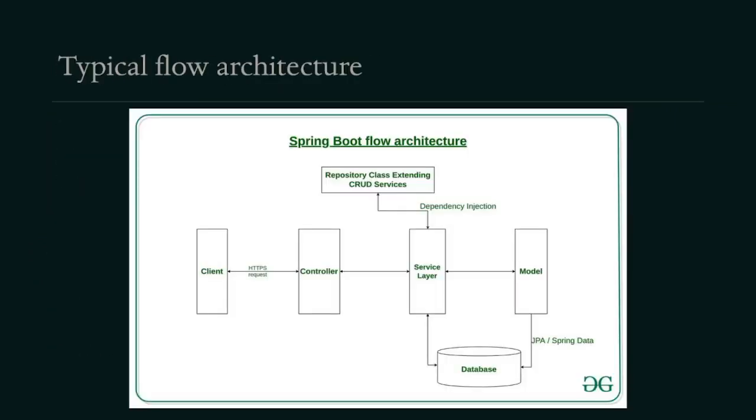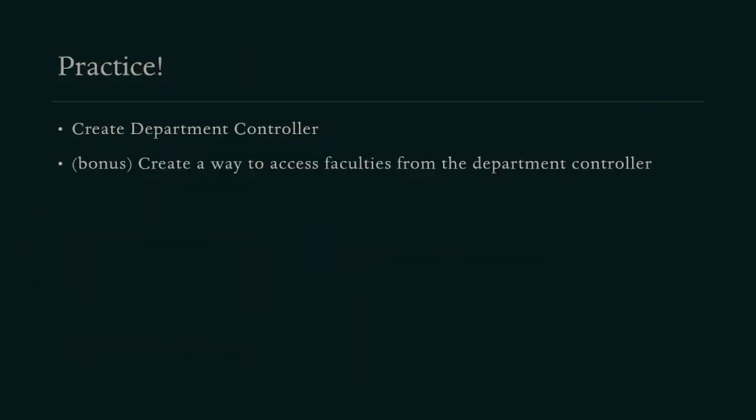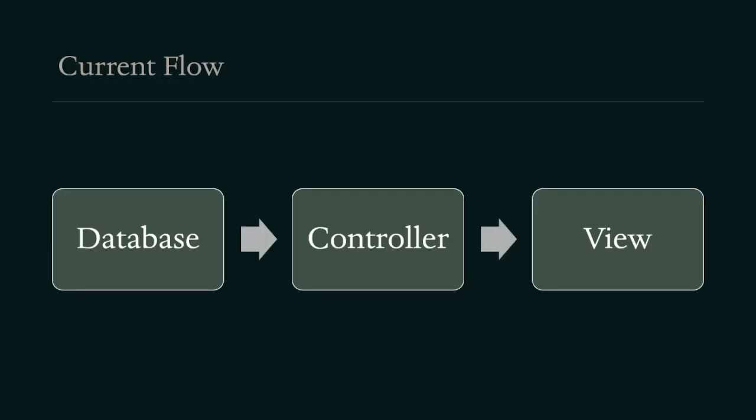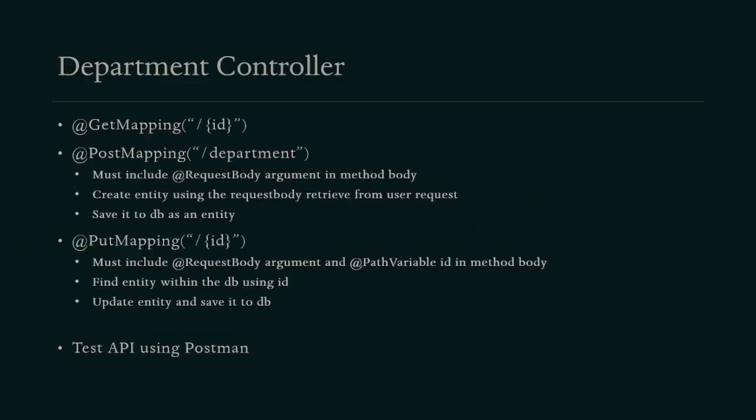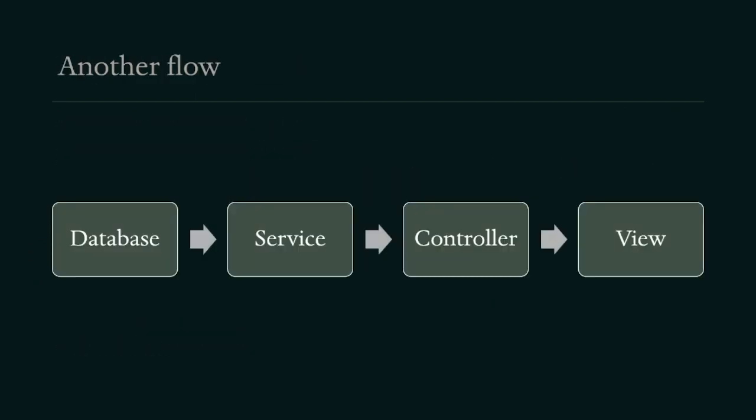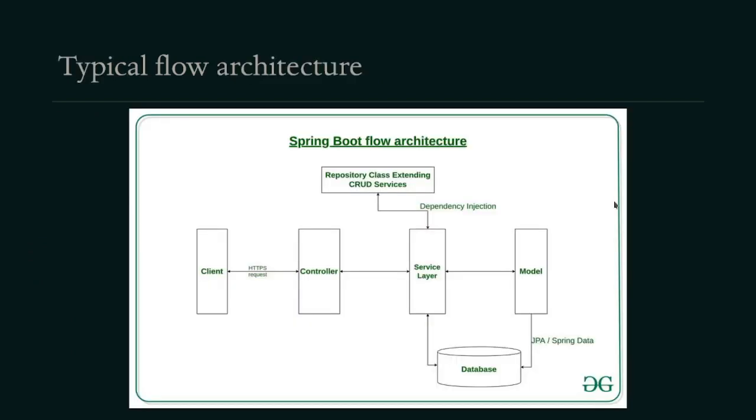Remember the layers I showed you: database, controller, view? There are some other ways of handling this. For example, what if you have an exception when you're creating your request? Most people have a component called service, and service will handle your exceptions. Maybe if you want to do further operations on the data you get from your database without giving it out to the user, you can have something like this.